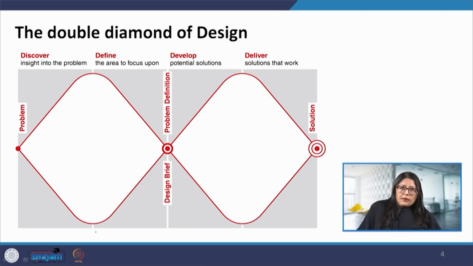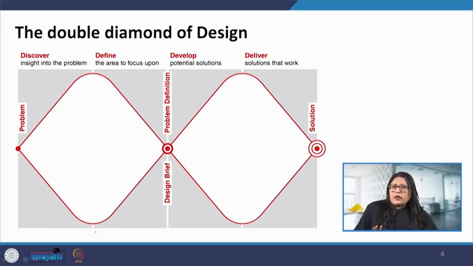The diamond on the left which has discover and define is the problem space, and on the right the develop and deliver is the solution space. As we can see, each individual diamond starts from a point and then it diverges. So, the first step here is the divergence.